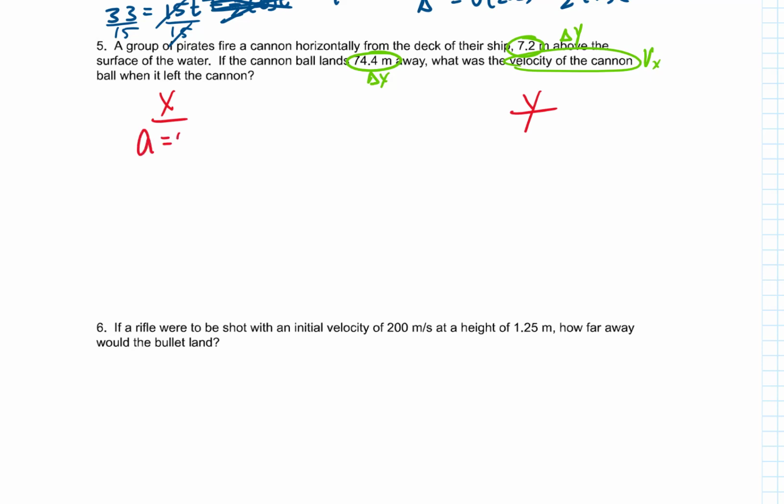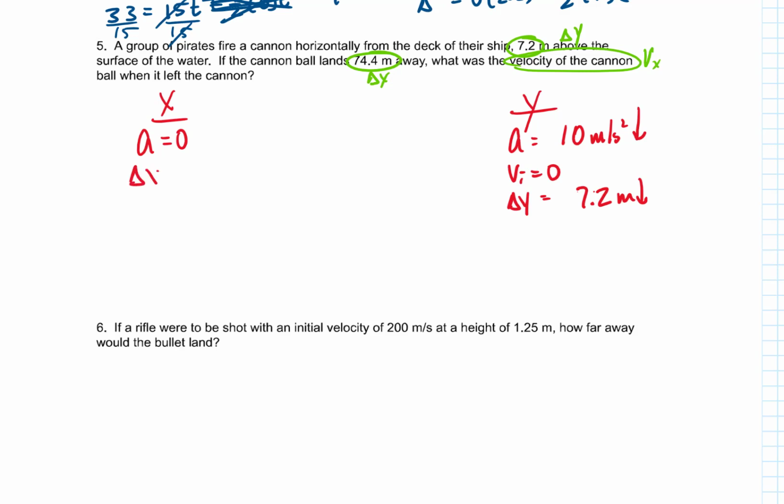We know always that the acceleration in the X direction is 0, and the acceleration in the Y direction is 10 meters per second squared down. We're going to shoot this thing horizontally, so the initial velocity in the Y direction is 0, and it tells us that we land 7.2 meters below where we shot.